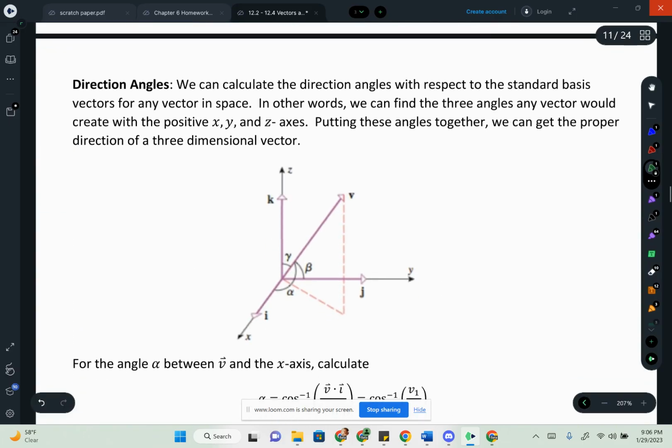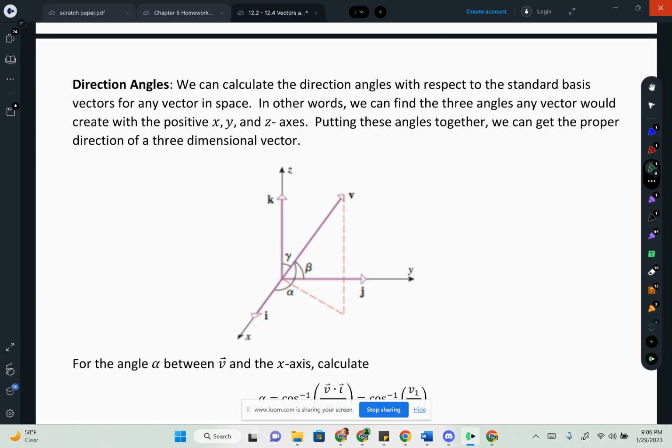Direction angles. Okay, so our particular vectors in 3 space, there are 3 axes that any one position vector could make an angle with. So up above, we were just taking 2 vectors and finding an angle between them.